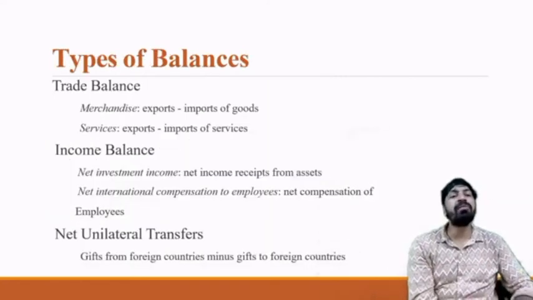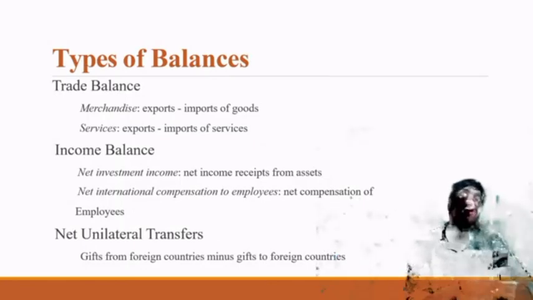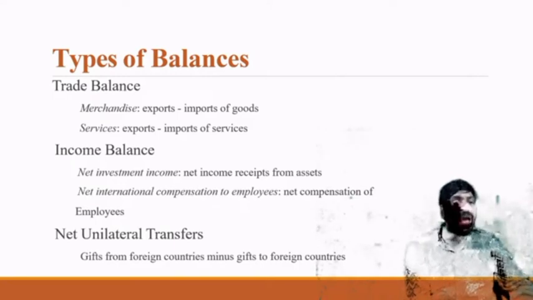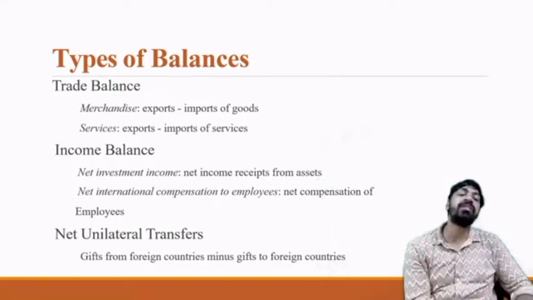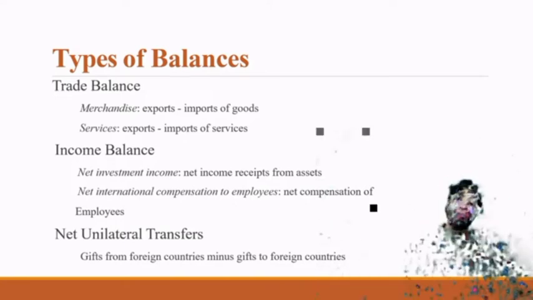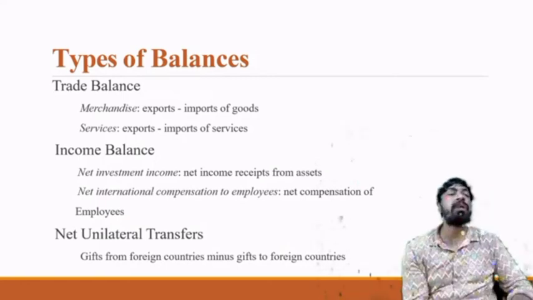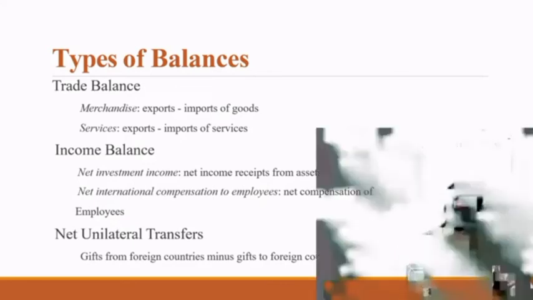Now we talk about the types of balances shown in the previous slides: the trade balance, which is called the merchandise balance, the income balance, which is called the services balance, and the net unilateral transfers. When we talk about the trade balance, we talk about the import and export of goods and of services.